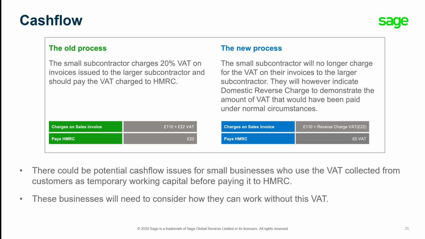In the meantime, they may use that to fund their businesses and to fund projects. Under domestic reverse charge, they will no longer be collecting this VAT, which means they may lose some of their working capital. It's important to consider this change now and prepare for that in advance of the legislation coming into force.